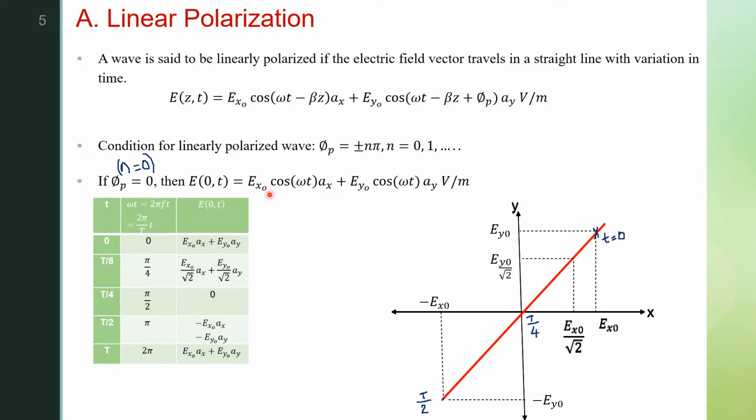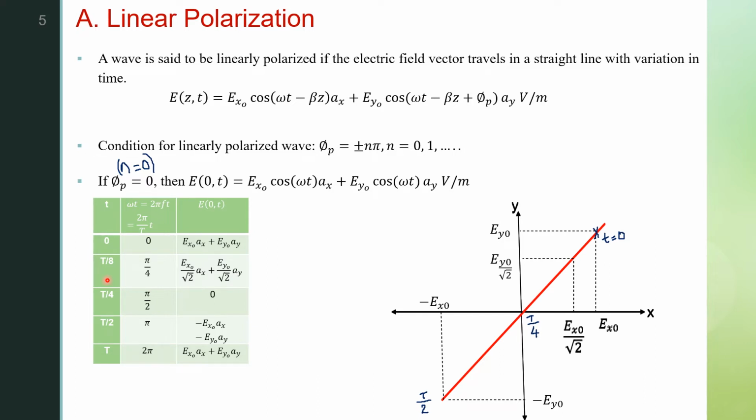It is going to be Ex0 cos 0 ax plus Ey0 cos 0 ay. Cos 0 is 1, so we will get it as Ex0 ax cap plus Ey0 ay cap. Here this ax and ay represent the unit vectors. Now let's consider another time instant, that is t is equal to capital T by 8.